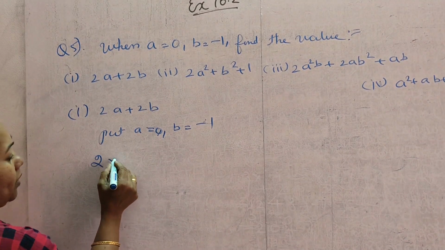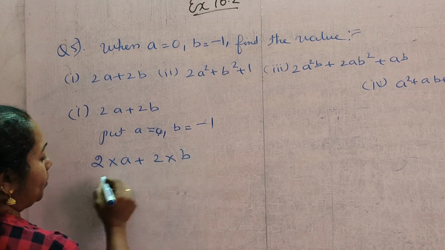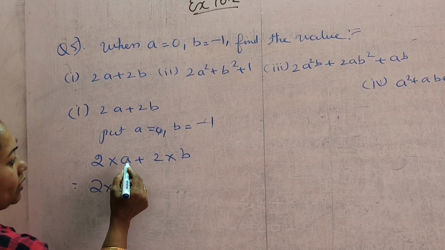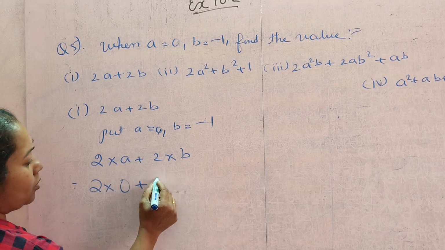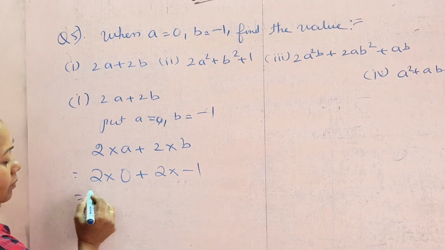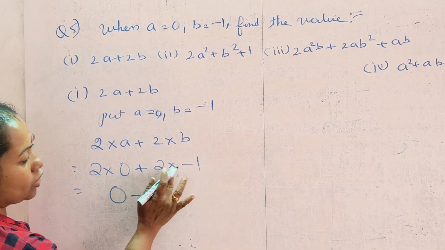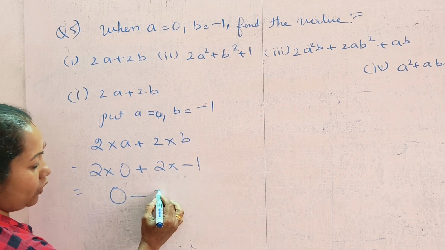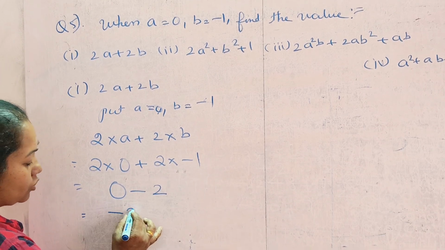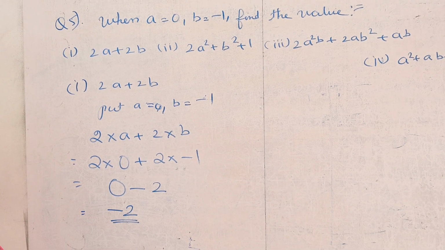So 2 multiply a plus 2 multiply b. That is 2 multiply a is equal to 0, plus 2 multiply b is equal to minus 1. 2 multiply 0 is 0, plus 2 multiply minus 1, plus into minus is minus, 2 into 1, 2. 0 minus 2 is minus 2. Okay. So this is the answer.